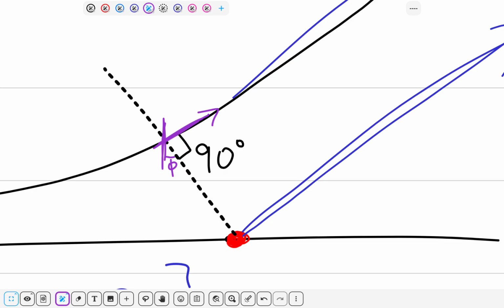So next, what can I do? This is where I always just get lost.